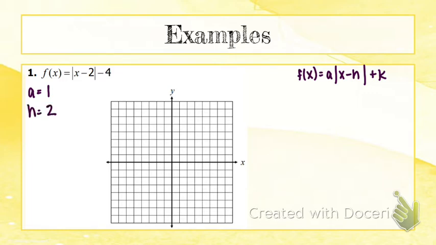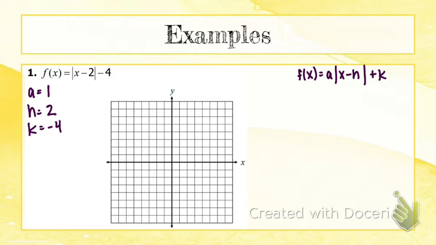H is positive 2 because since our form has a negative in it, we're going to use the opposite sign of whatever's in the formula. And then k, we keep the same sign. So think k, keep.